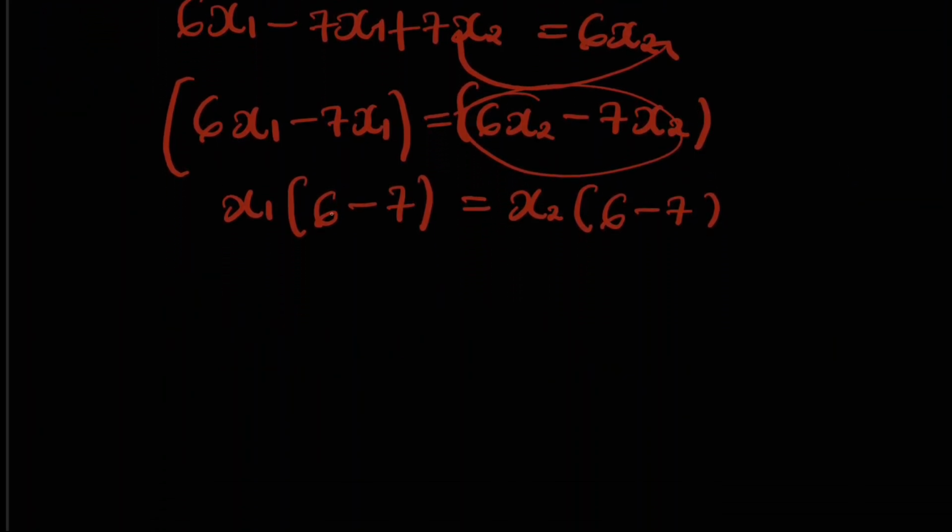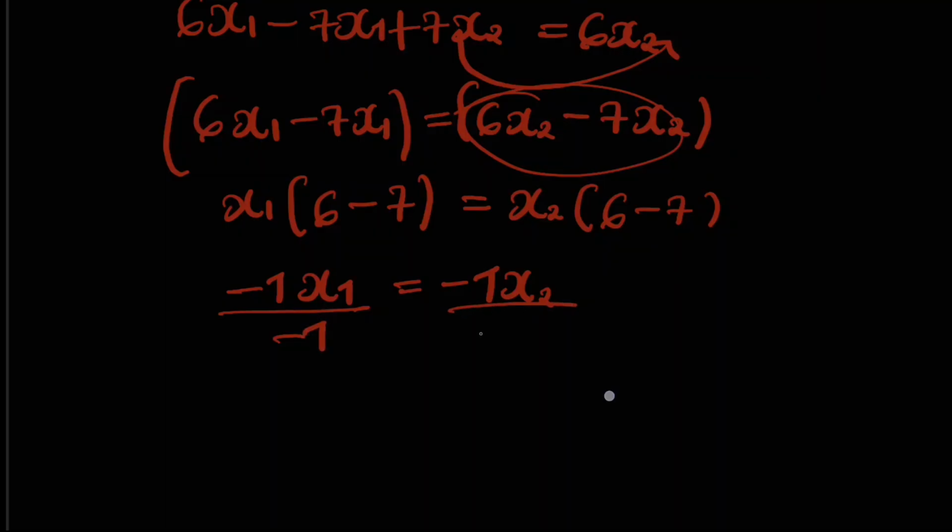Okay, so now what's 6 minus 7 is just simply minus 1 x1 into minus 1 x2. So we simply divide both sides by minus 1. We'll cancel here and cancel here.